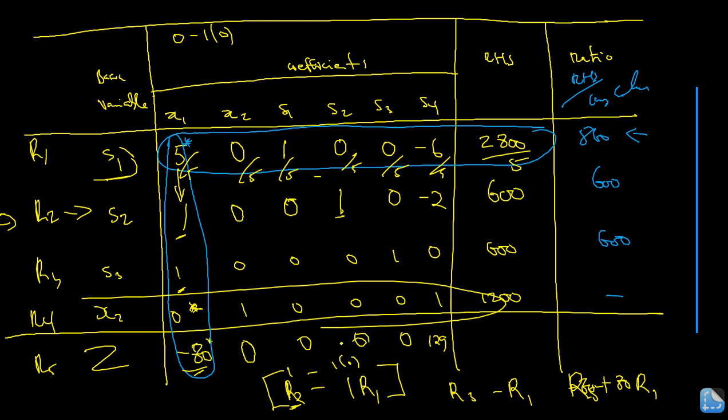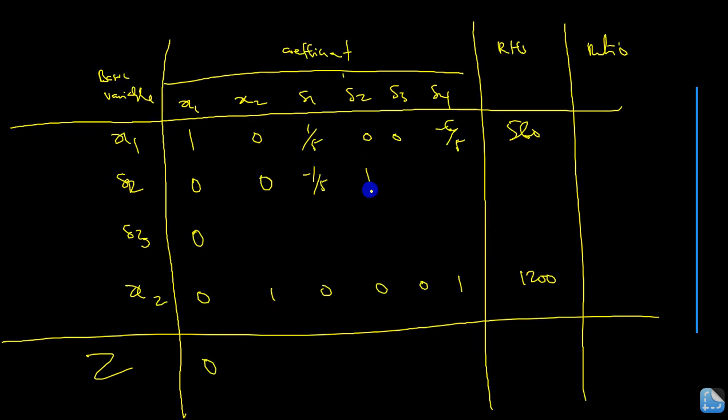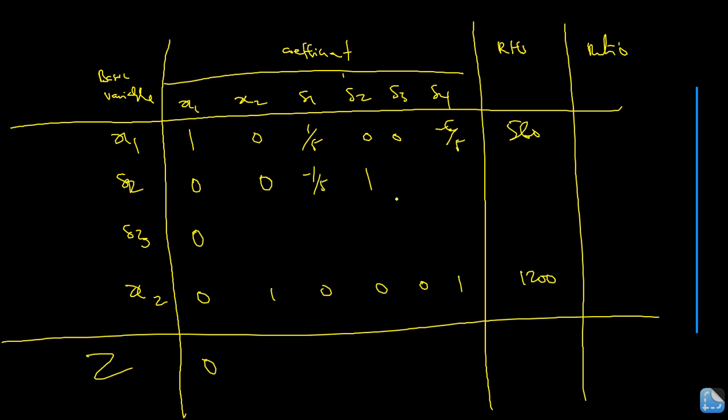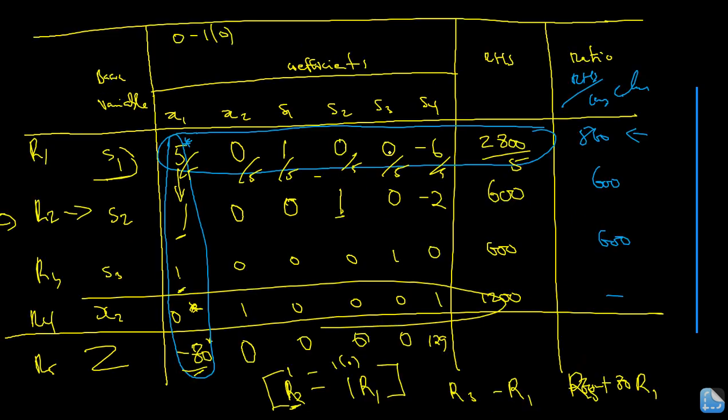So we are going to return our 1 there. Then here we say 0, R2 minus 1 multiplied by 0. So we get the 0 there. The last one is the negative 2.